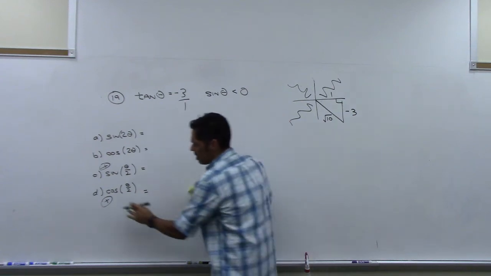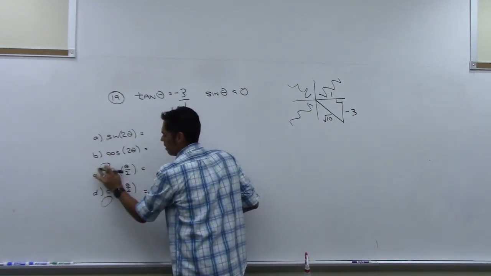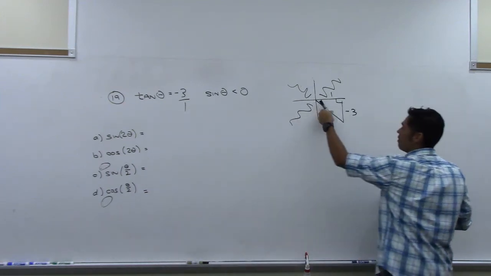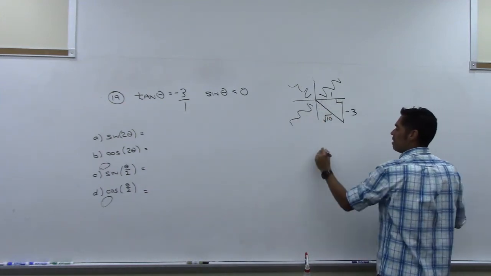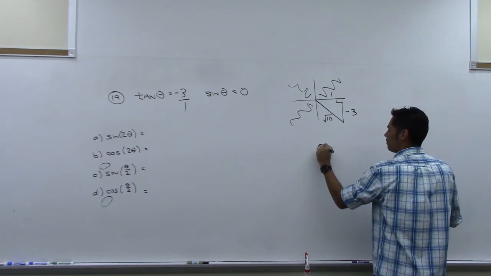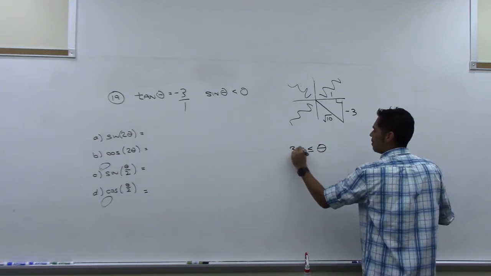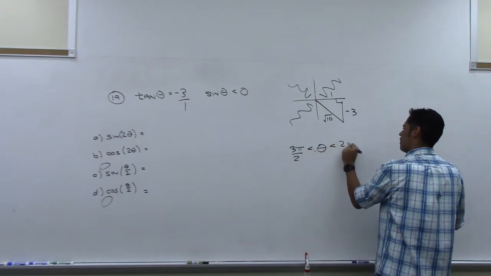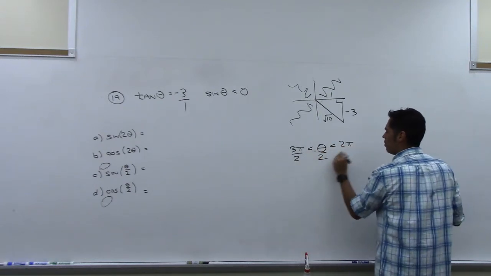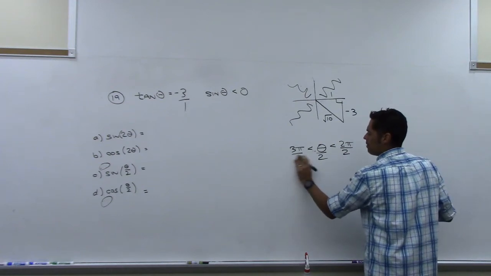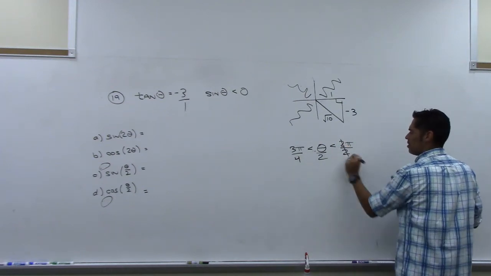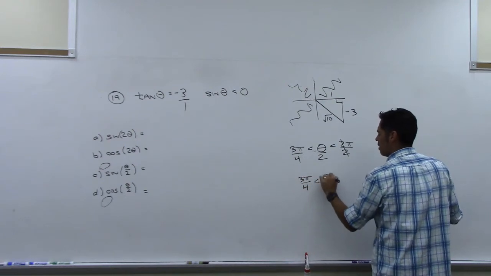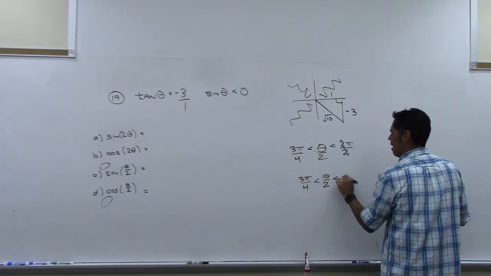Now, to come up with the signs on these, I just need to figure out where theta over 2 is. Our original theta is between 3 pi over 2 and 2 pi. If I divide everything by 2, you get 3 pi over 4 less than theta over 2 less than pi.